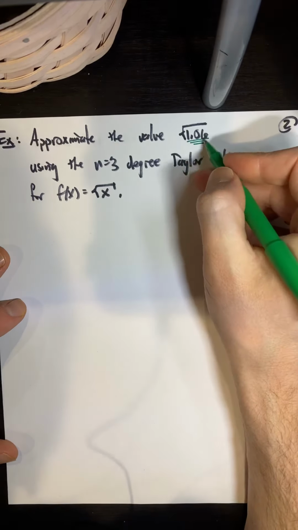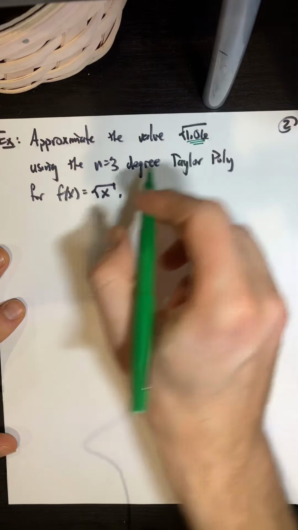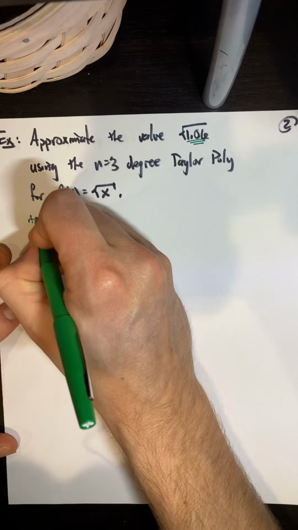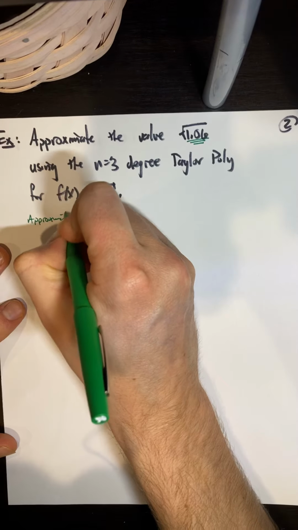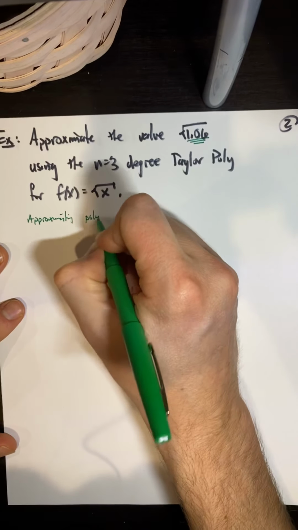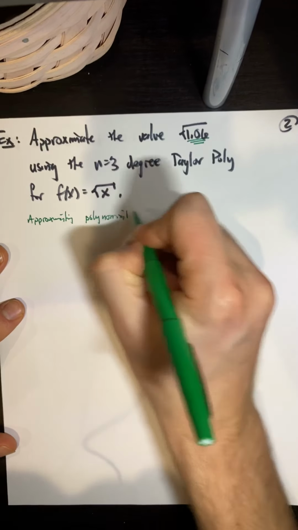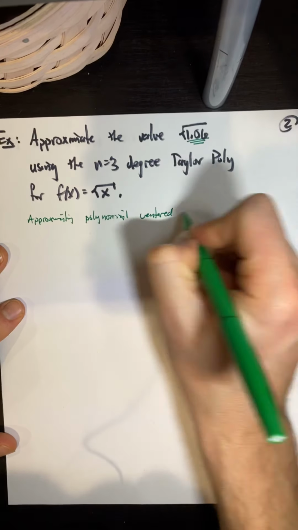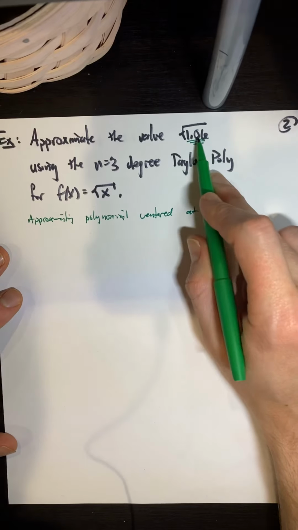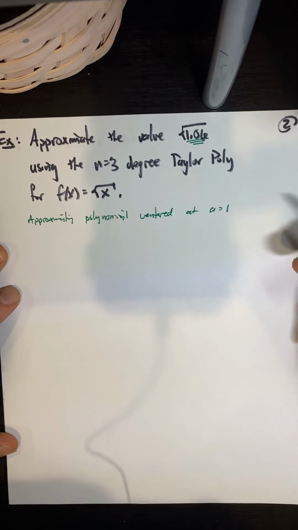It's only 0.06 away. So I'm going to find the approximating polynomial centered at a equals 1, because this number is near that value.